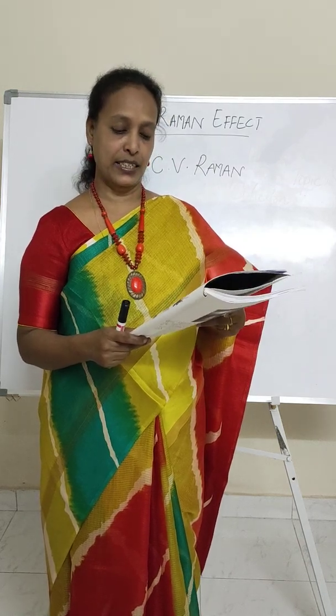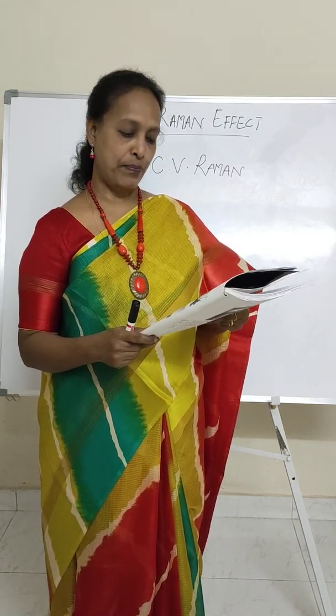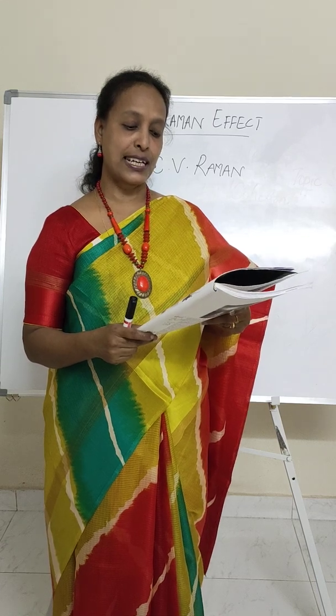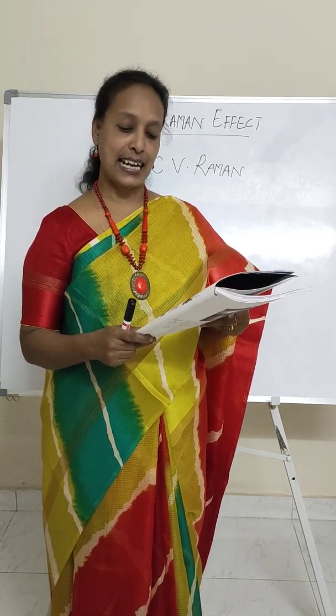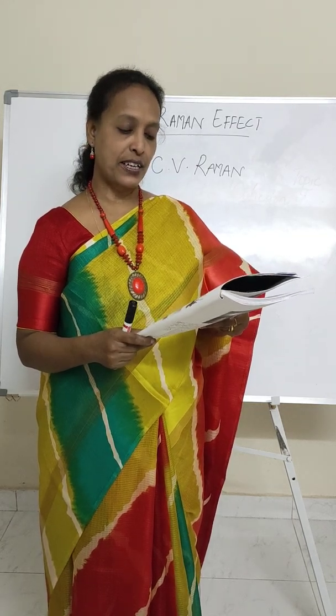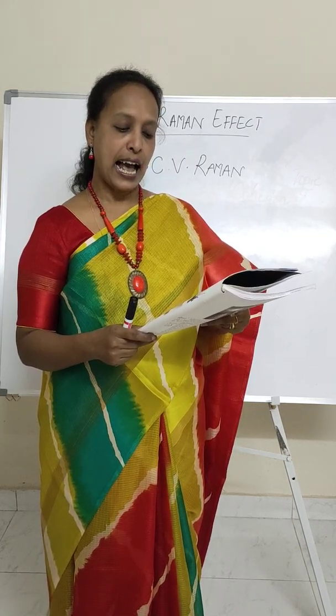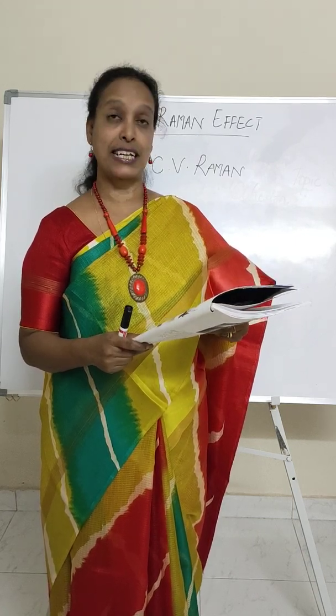That despite clearing the civil service competitive exam and becoming the deputy accountant general in Calcutta, he still found the time to pursue scientific research at the Indian Association for the Cultivation of Sciences.